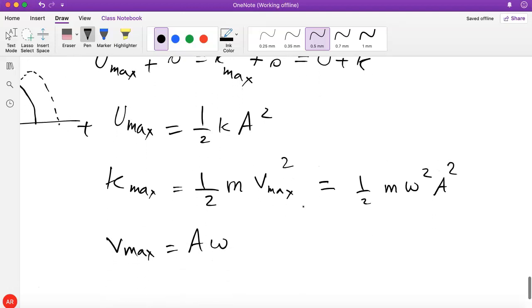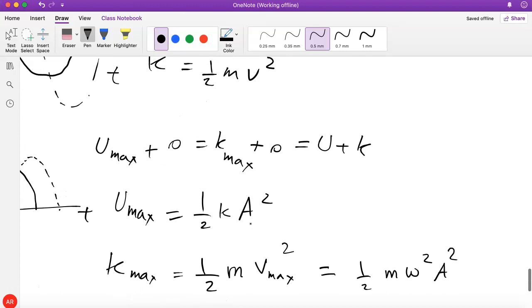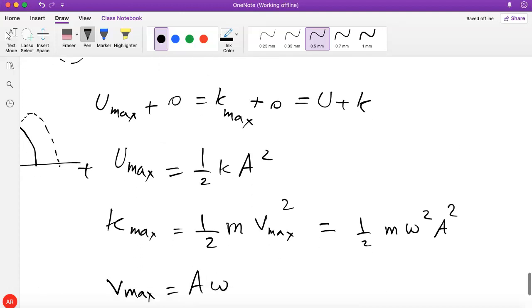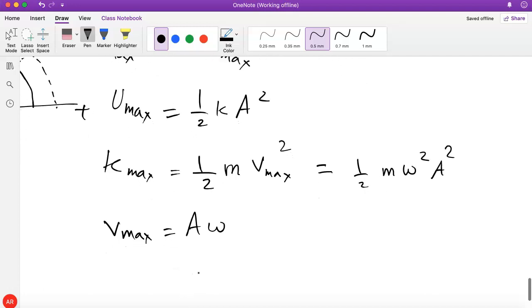And these two things are the same, right? As we said, if we have energy conservation, which we do because there is no friction in this system, the maximum potential energy must be equal to the maximum kinetic energy, because when the potential energy is maximum, the kinetic energy is 0, and when the kinetic energy is maximum, the potential energy is 0.